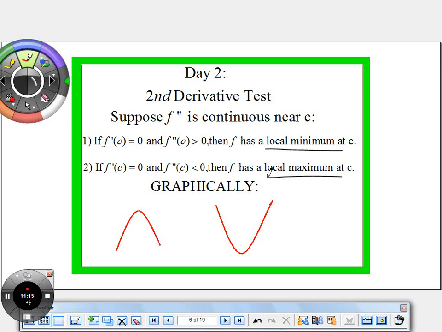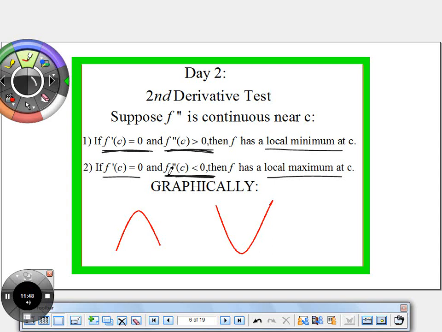But what it means is if you find out the critical number, so let's say you have your critical number, and you plug it into the second derivative, and you find out that your critical number, when you plugged it in, was positive, then that means there has to be a local minimum at that spot. And then the second part of it is that if you plugged in your critical number and you got a negative answer, then that means that it's a local maximum.